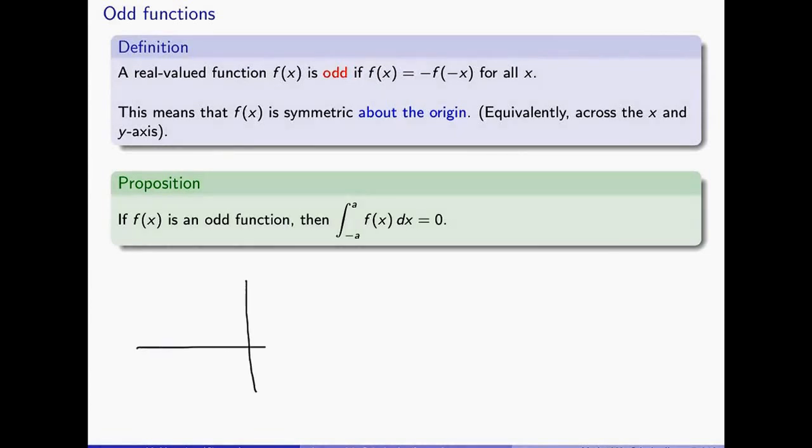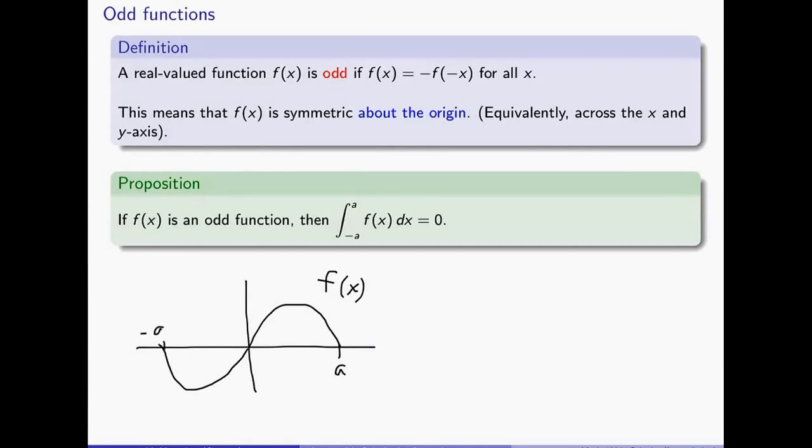Let's just draw an odd function. If it's defined like this on 0 to a, then it's going to be like this on 0 to negative a. And so it should be clear that the area under the curve is going to be 0, because this is positive area, and that's going to cancel with the negative area.